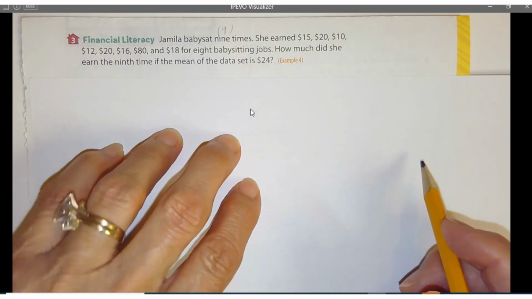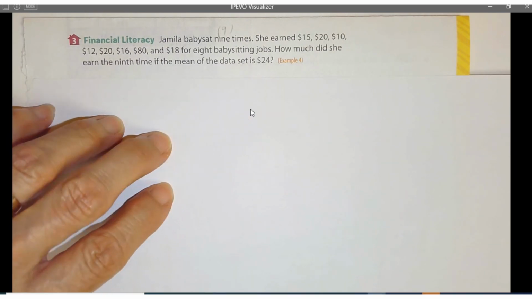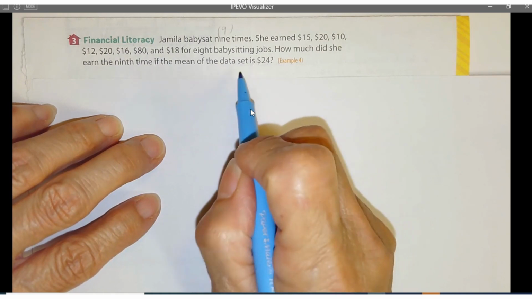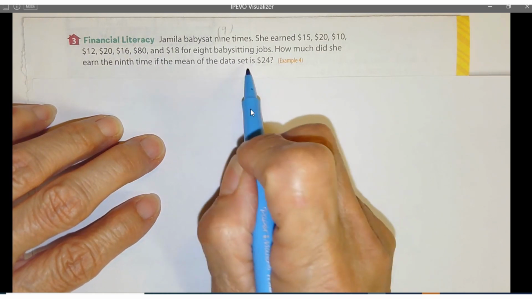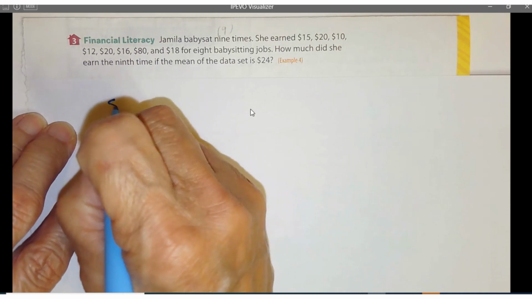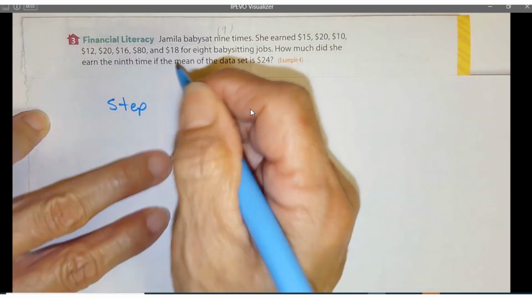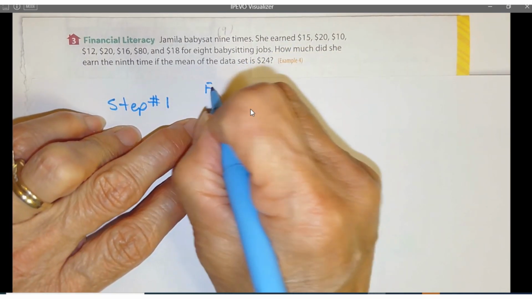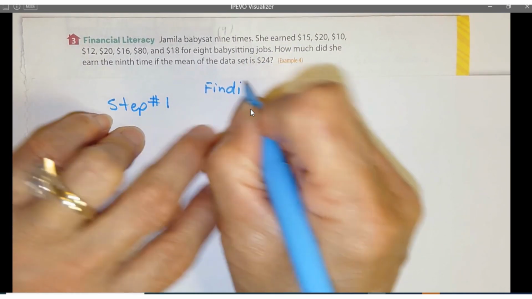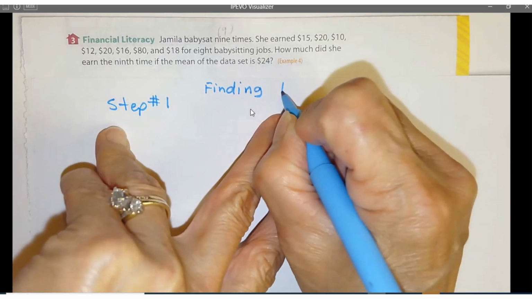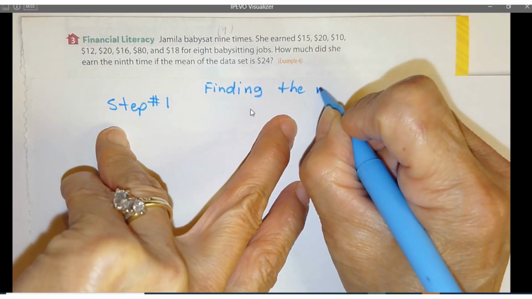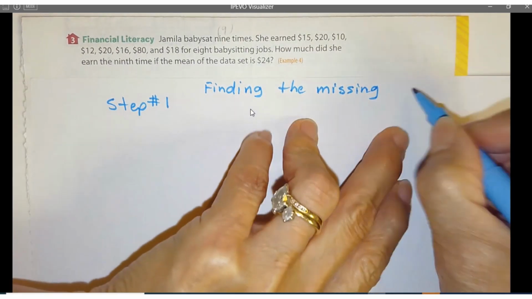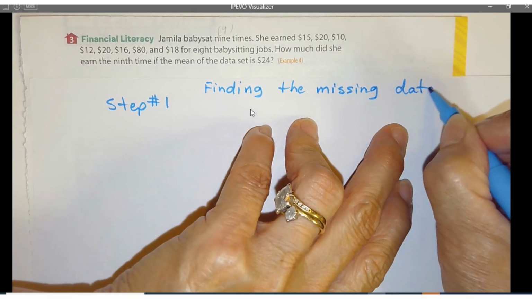Okay, so we'll add these up. And we need to find out, first of all, what that missing piece is. The first step you do, step 1, is called finding the missing data piece.